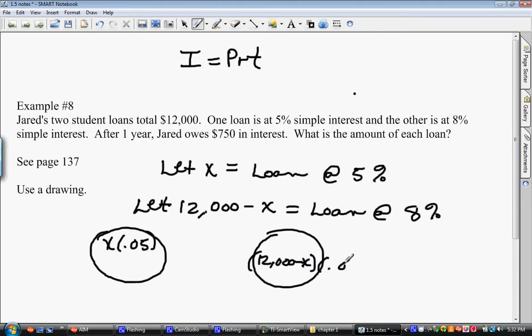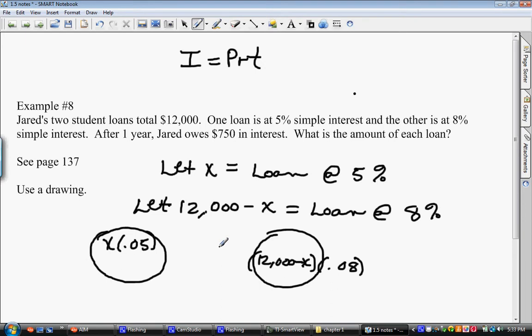We have been told that we have a total of $750 in interest. Anytime you talk about a total or something that is all together, we are doing addition. So if I'm adding the amount of interest of this loan and the amount of interest of this loan, I'm going to put a plus sign between them. And we know that those 2 interests together are equal to $750.